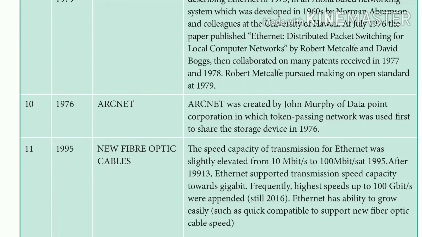Like when you go to a bank for any transaction, they provide you a token. When they call your token number at the particular time, you go to that counter and do your services. Like that, each computer in the network will have a token number.